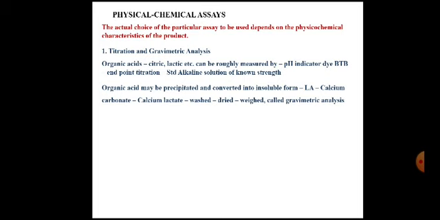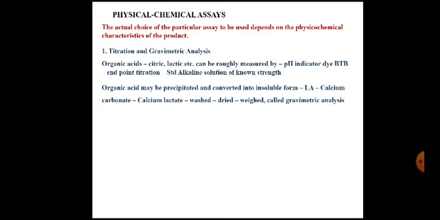in the given preparation. Organic acids may be precipitated and converted into insoluble form, say for example, lactic acid. If calcium carbonate is added to the preparation containing lactic acid, it will cause the formation of the salt of the acid, that is calcium lactate.